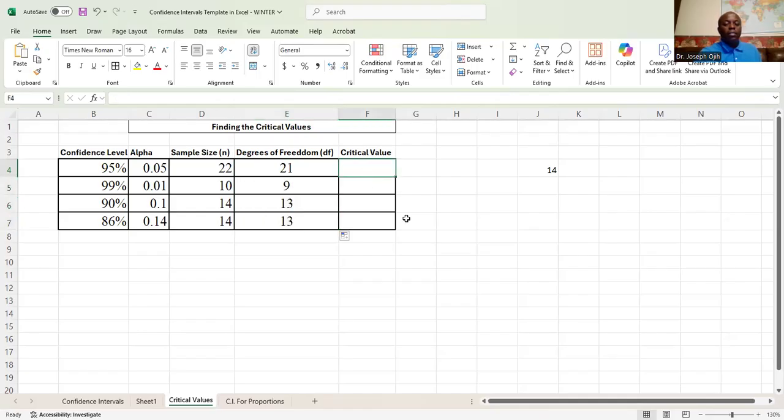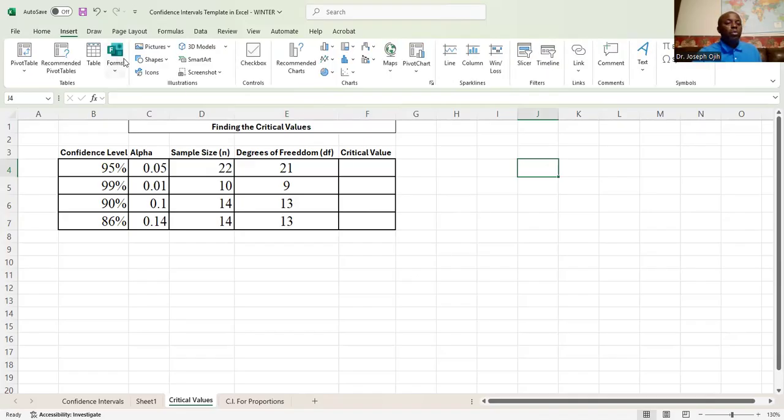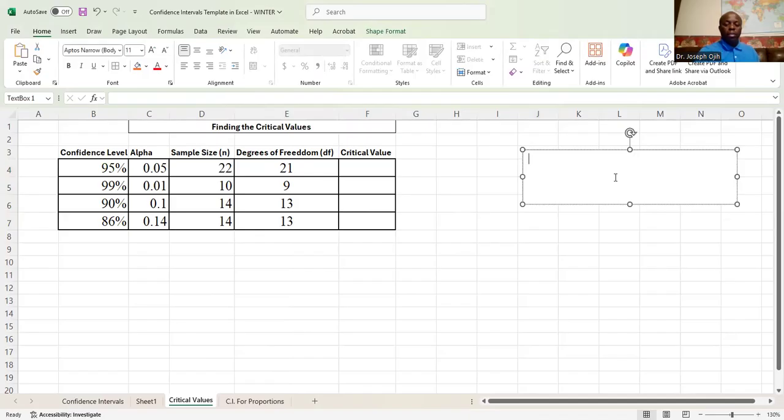Now, for the critical value, let me write the formula here so you can see it. I have it on the handouts too. The formula you use for that is, okay, because it's two sides, lower side and upper side.